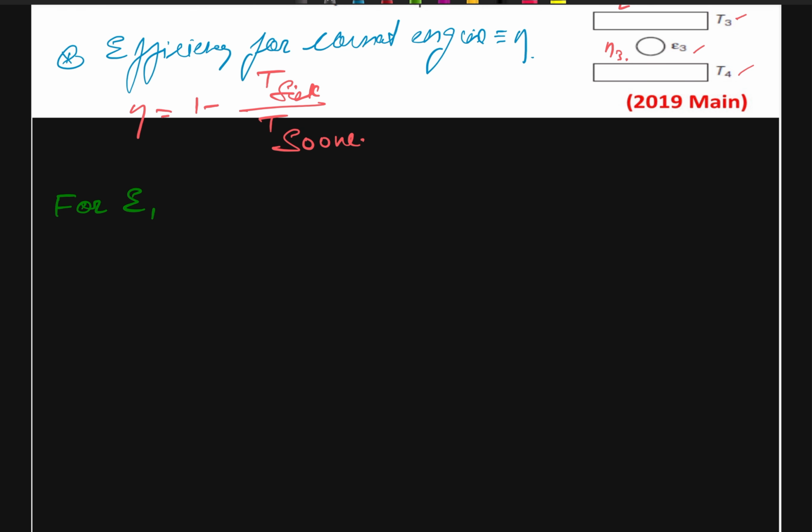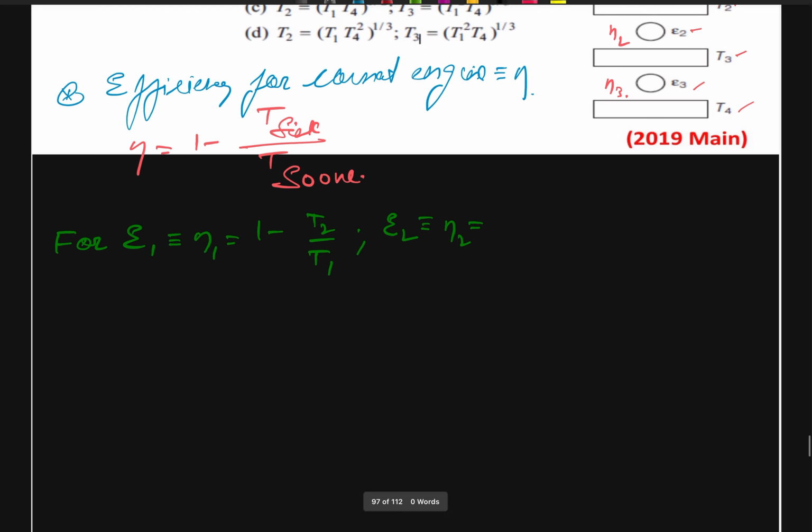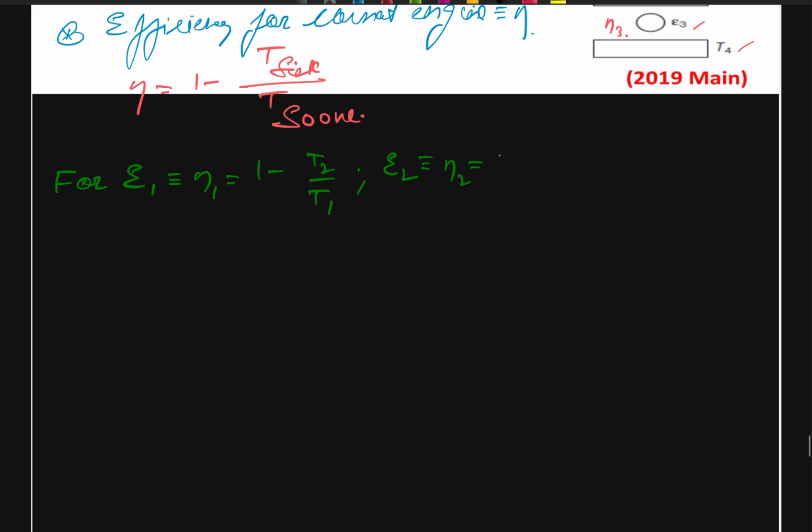For engine 1, nu1 will be equal to 1 minus T2 upon T1. For engine 2, nu2 is equal to 1 minus T3 upon T2, and for engine 3, nu3 is equal to 1 minus T4 upon T3.